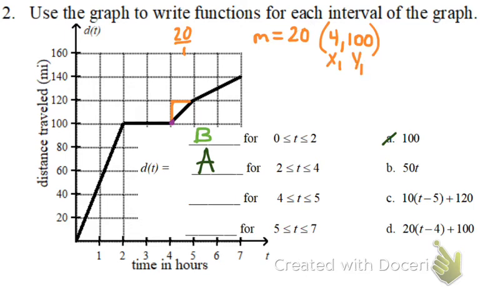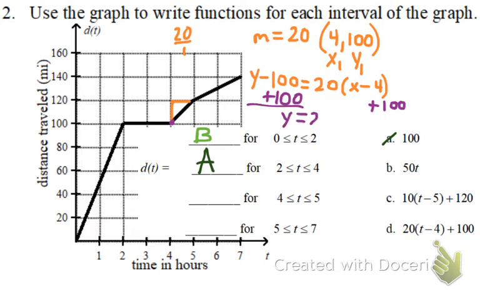Substitute into point slope, y minus y sub 1, y minus 100 equals m times x minus x sub 1, which is 4. We need the y to be by itself, so we'll add 100 to each side. And we'll have y equal to 20 times x minus 4, close parenthesis, plus 100. If we change that to d of t's, we'll have d of t equals 20 times, in parentheses, t minus 4, close parenthesis, plus 100. So that would be a match for part D.